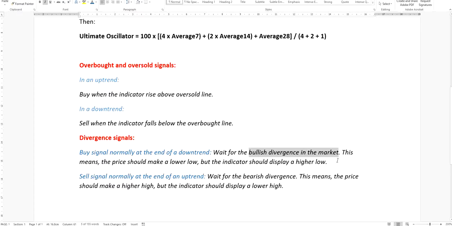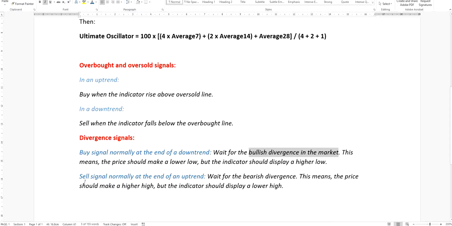But bullish divergence means the price makes a lower low. In a downtrend, the price is still making lower lows, but the indicator displays higher lows. So this means that the downtrend is getting weaker and weaker, and you should expect a reversal.